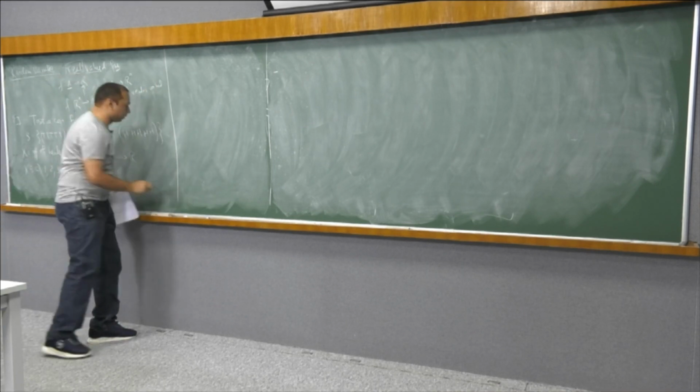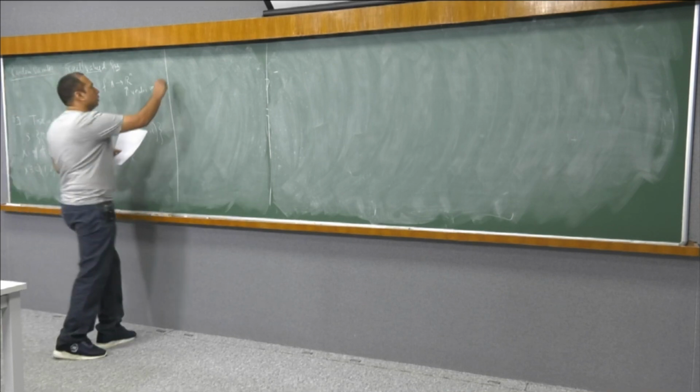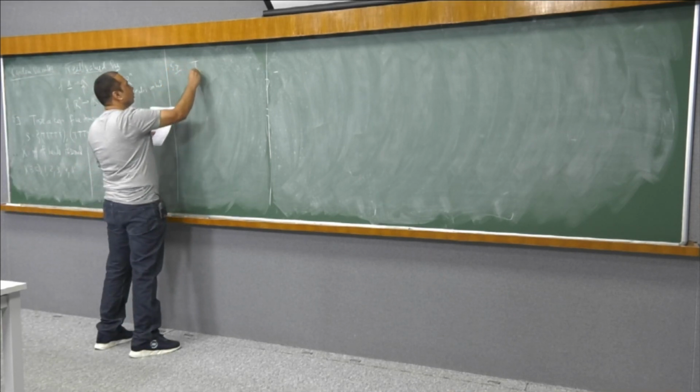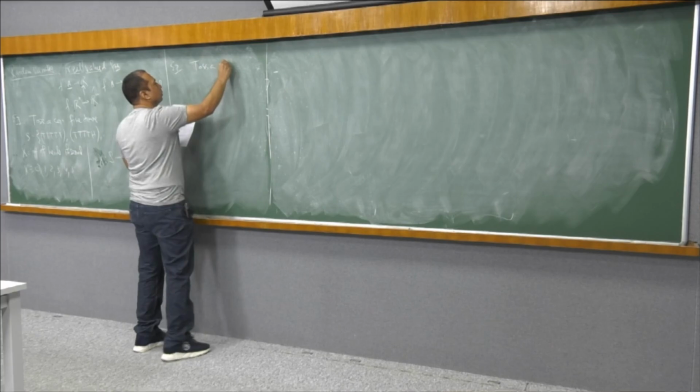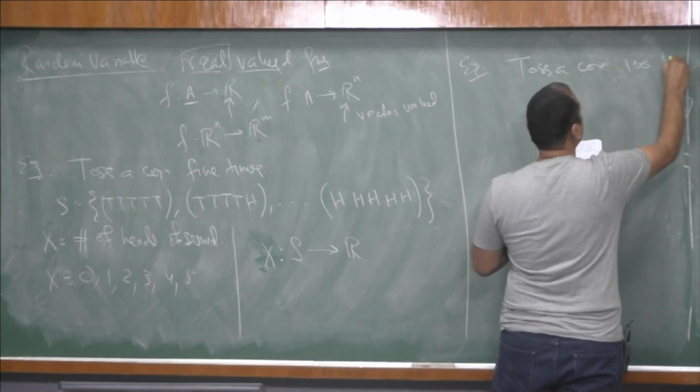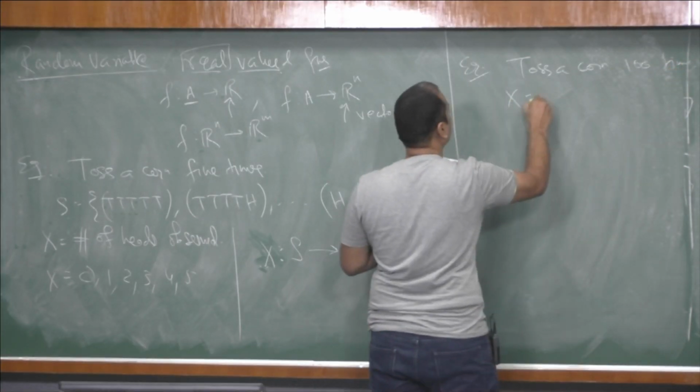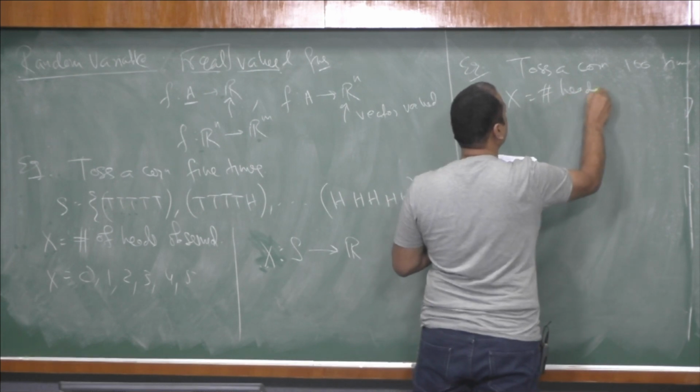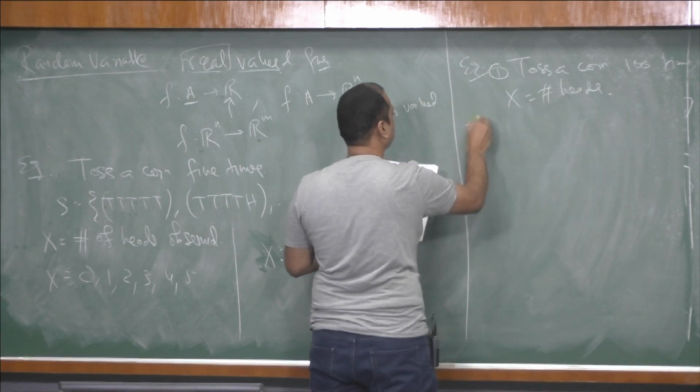It's a convenience. Such a variable is convenient for us. Okay, some more examples. Toss a coin 100 times and x is the number of heads. Again, you can do these exercises.